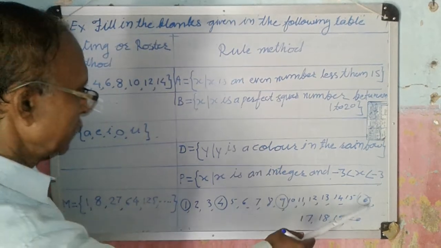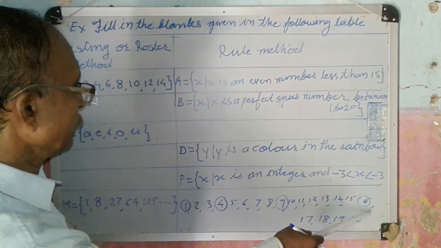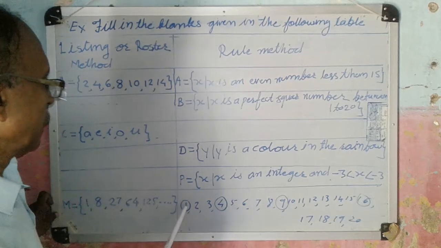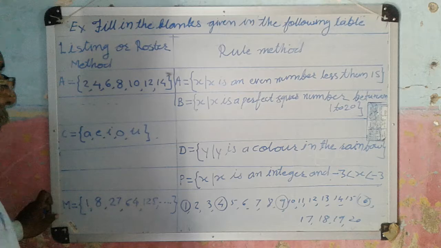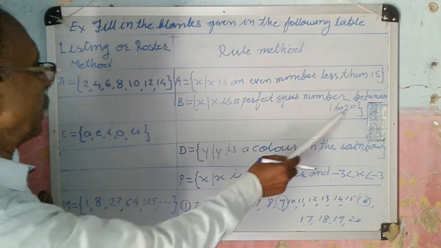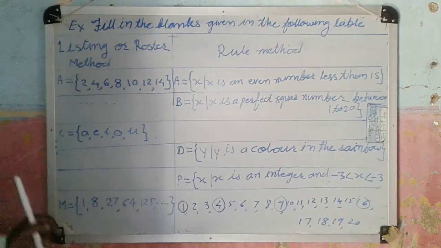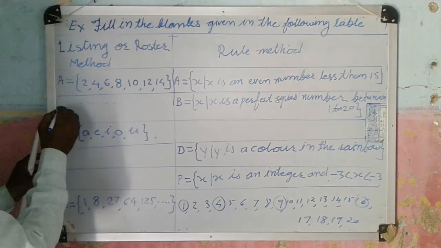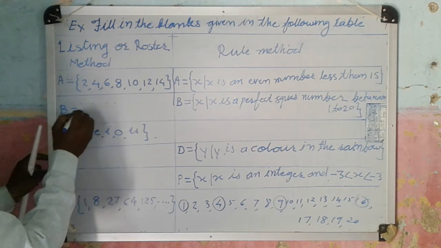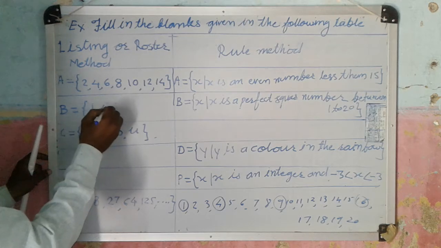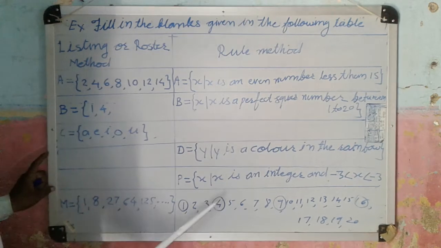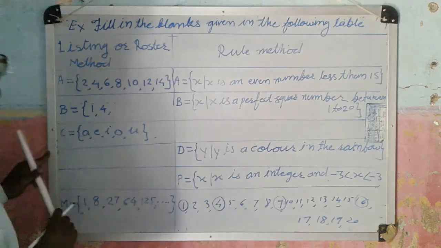And 16. 16 is a square of 4. Only 1, 4, 9 and 16. These are perfect squares between 1 and 20. So I have to write this set like this: 1, 4, 9, 16.